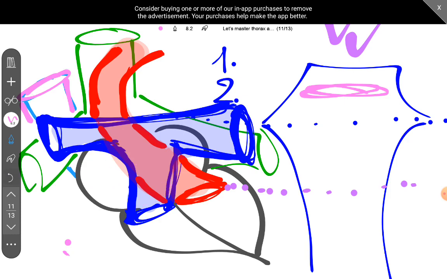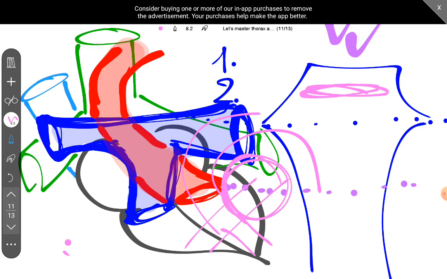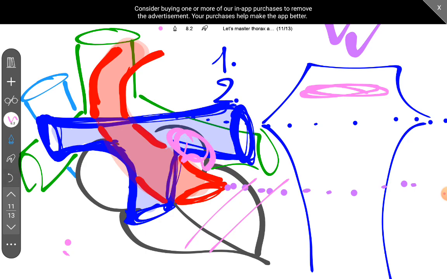For the left side, we can see the pulmonary trunk. The pulmonary trunk goes that way, the ascending aorta goes that way, then the arch. So on the left side, there's the pulmonary trunk, and beside it we can see the left atrium and its auricle.